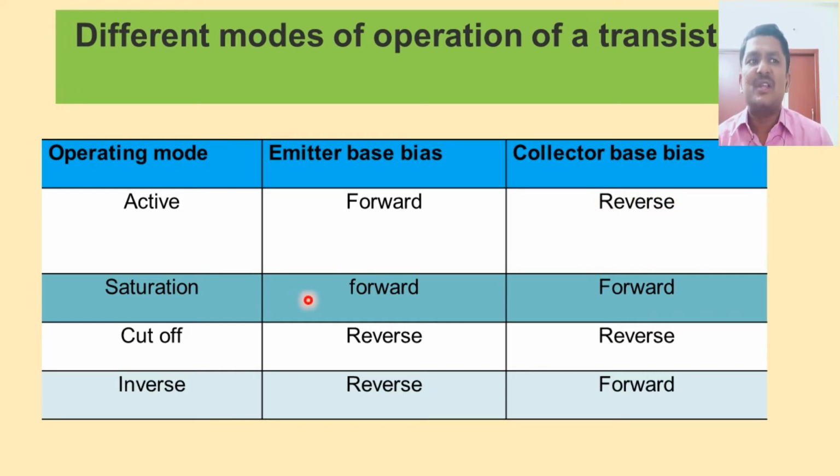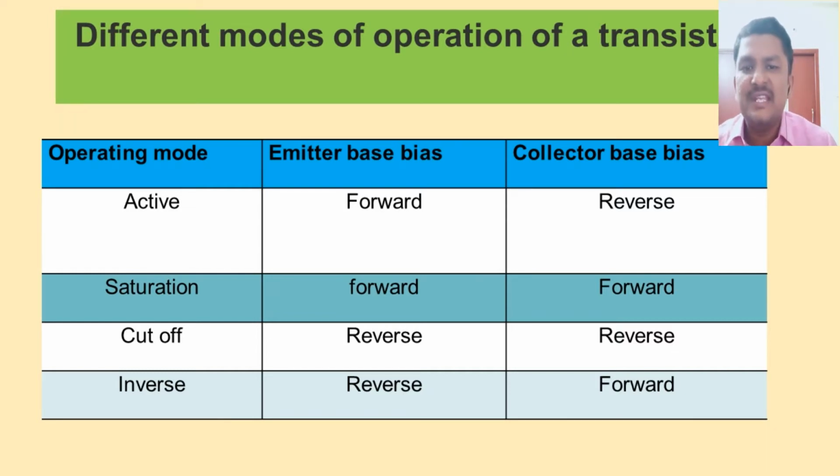In the saturation mode, the emitter base junction is forward bias and base collector junction is also in forward bias condition. In cutoff mode, the emitter base junction is in reverse bias condition and base collector junction is also in reverse bias condition. And in inverse mode of operation, the emitter base junction is in reverse bias condition and base collector junction is in forward bias condition.